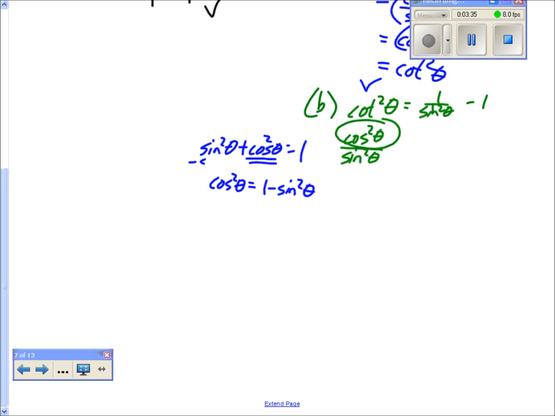Because I'm subtracting sine squared from both sides. So cosine squared is equal to 1 minus sine squared, right? So I replace that with 1 minus sine squared.